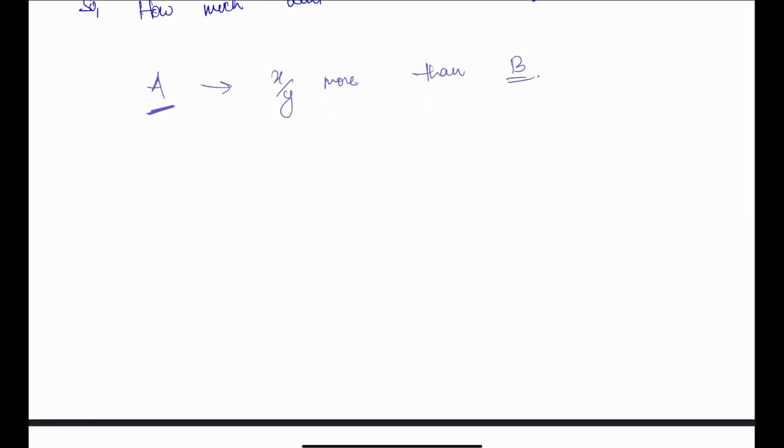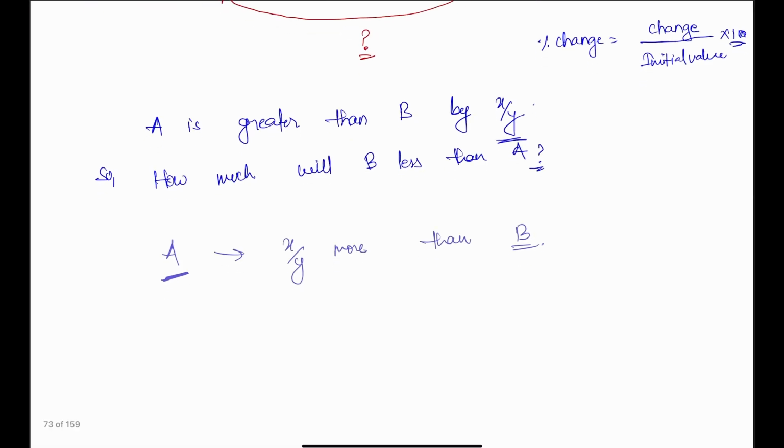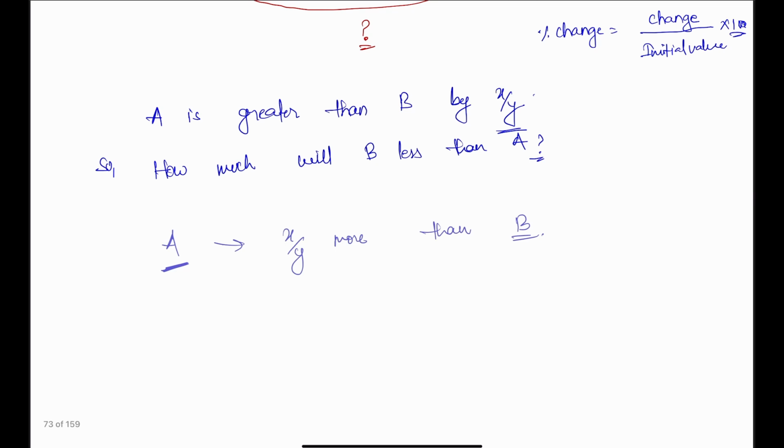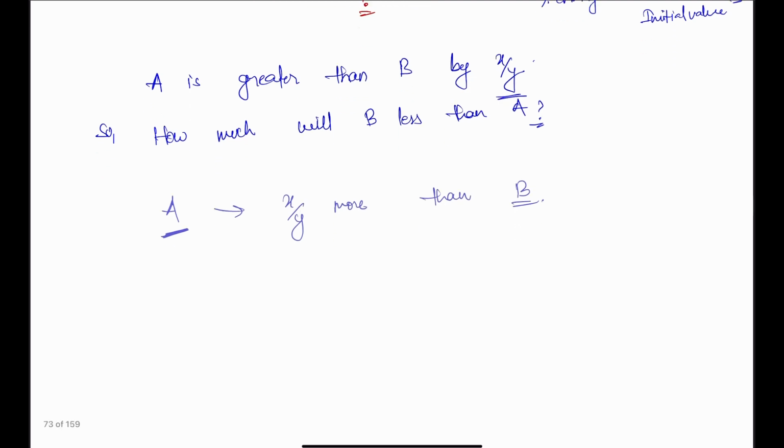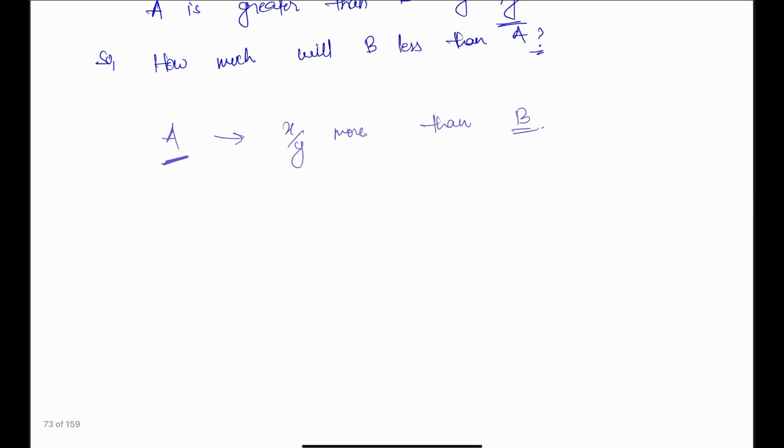So can I say that A is this much percent more? A is x by y more than B. So what we can say over here is A is equal to B plus x by y of B, this much more.